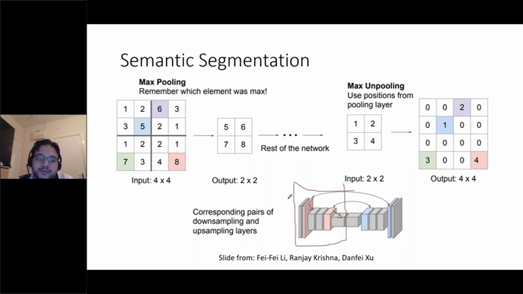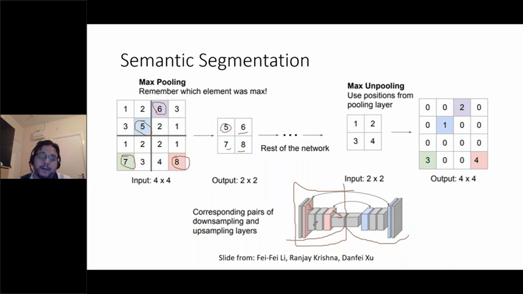When we do these two max poolings, we know which value we kept. For example, this is a slice of the max pooling. We know that for this 5, we took this value. For this 6, we took this value. For this 7, we took this, and for this 8, we took this. And because for semantic segmentation we have a symmetric network, this part has the same architecture as this part.